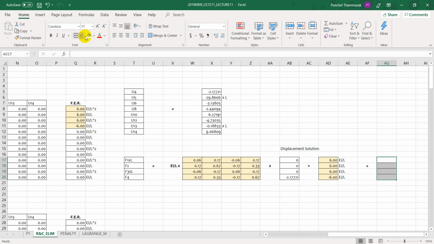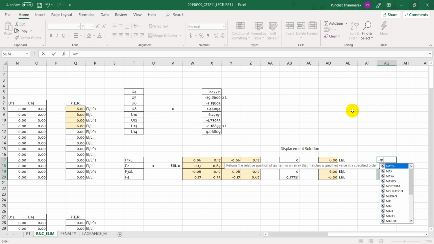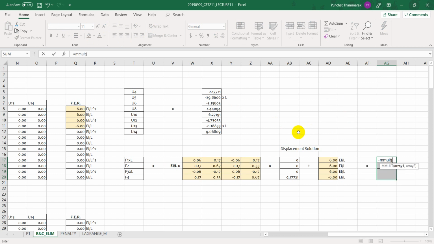Which is equal to the matrix multiplication of this one and this one, and then you add it up with this one. Control and enter.